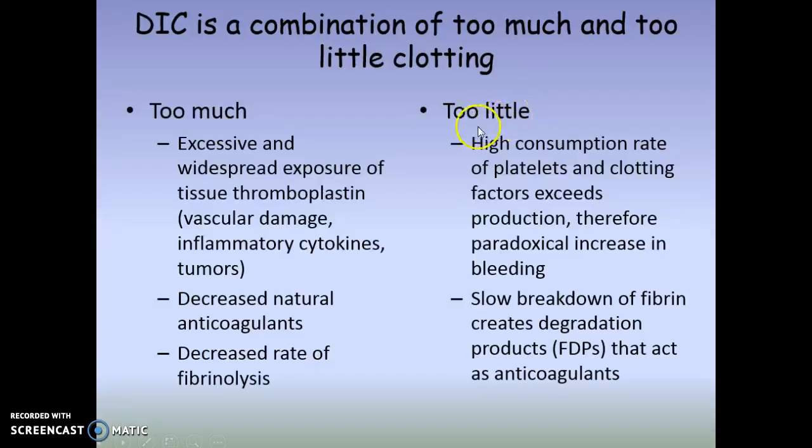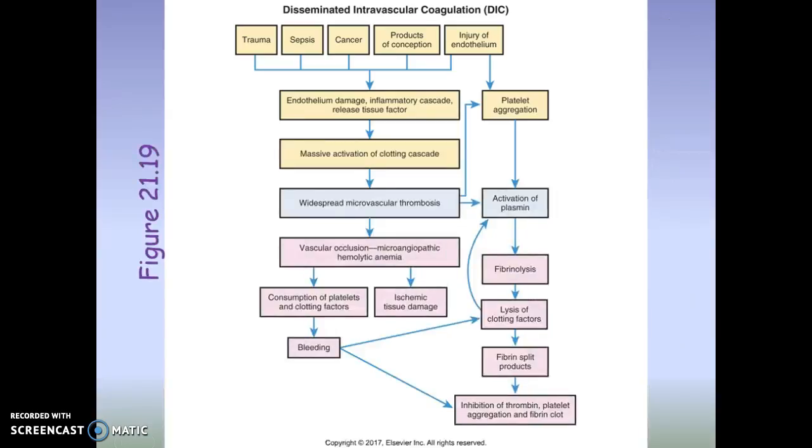However, at the same time, then you have too little clotting, which leads to bleeding because of the high consumption rate of platelets and clotting factors that exceeds the production, therefore the paradoxical increase in bleeding. And then there's a slow breakdown of fibrin that creates degradation products that act as anticoagulants.